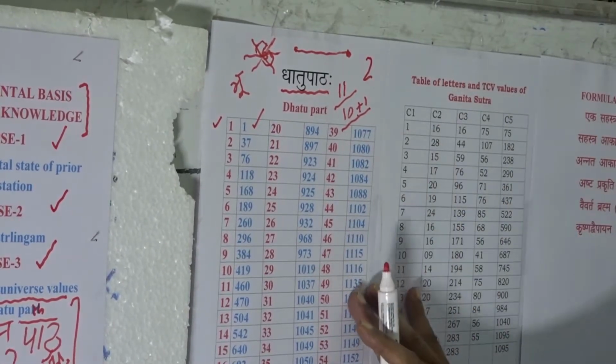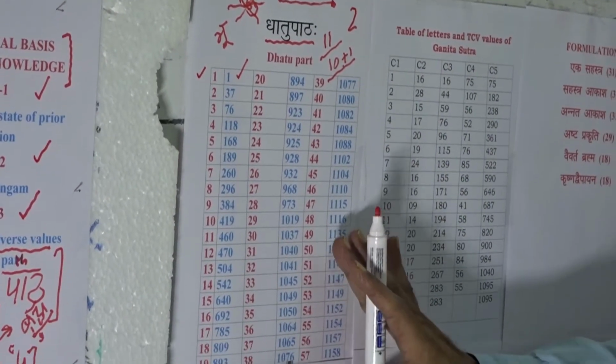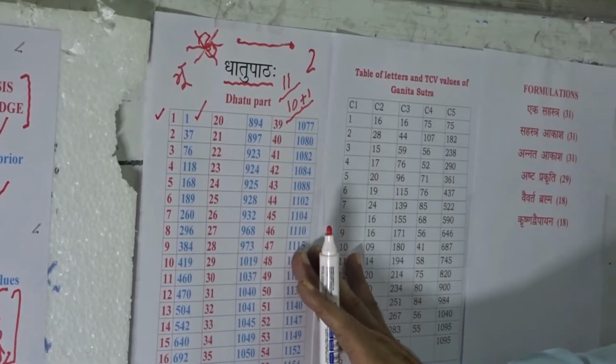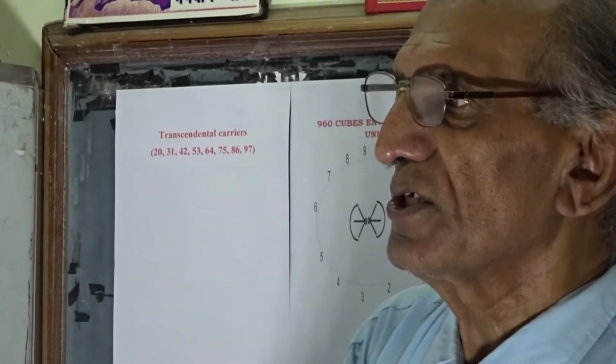Therefore, this table becomes the basic table of values and features in terms of which we will be going parallel to the dynamic state of our solar universe.